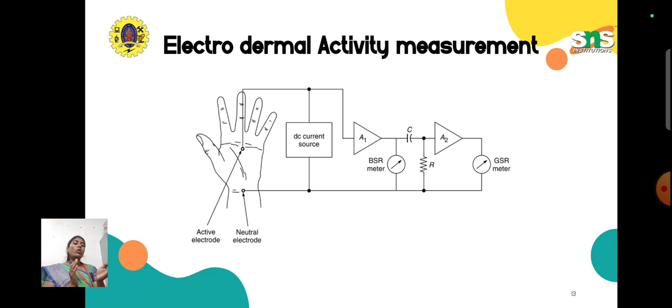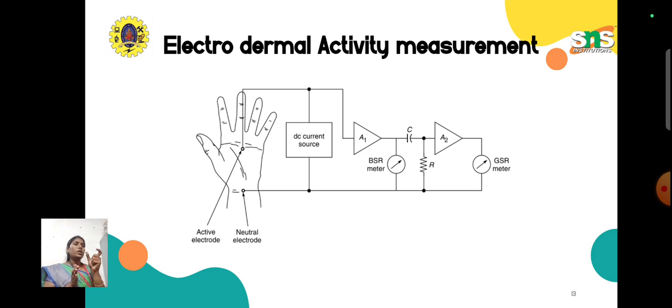Followed by that, you give some stimulus, and now we record GSR. Based on that stimulus, you will have some deviation of the signal, that is high frequency changes, a sudden fluctuation in the normal BSR signal.